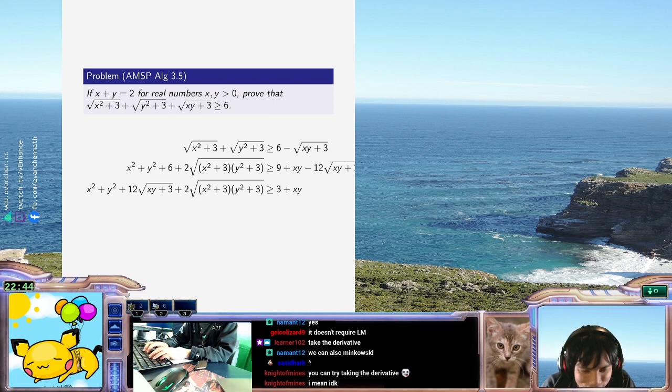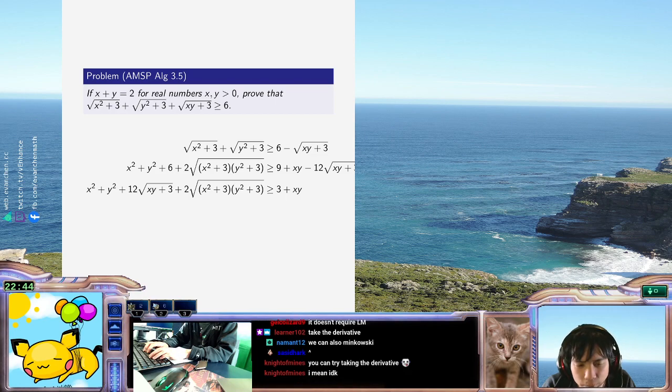I flipped the sign somewhere. I just don't see where yet. Oh, I see. Okay, 6 squared is 36, so this is a 39. I was like, why is it so far off? Okay, 39, 33 plus xy.